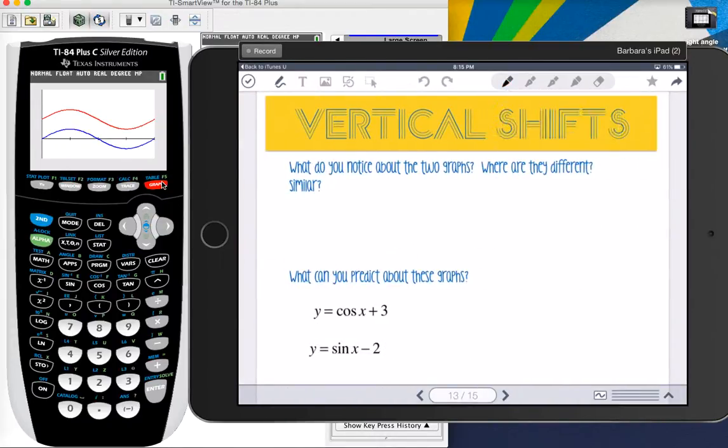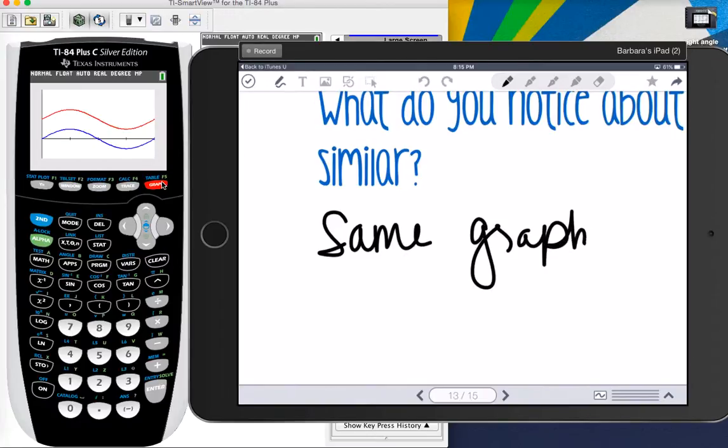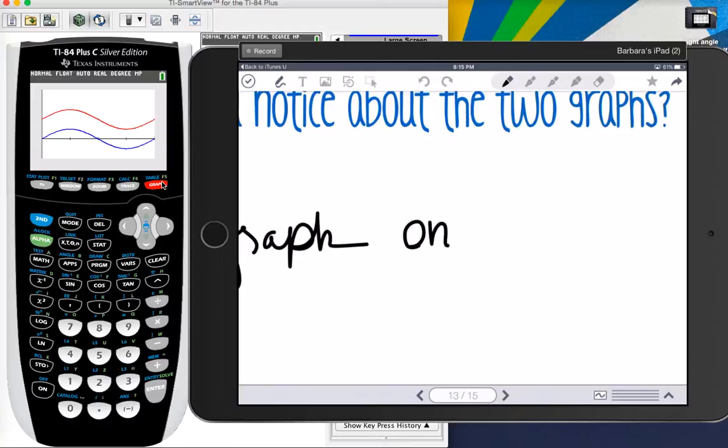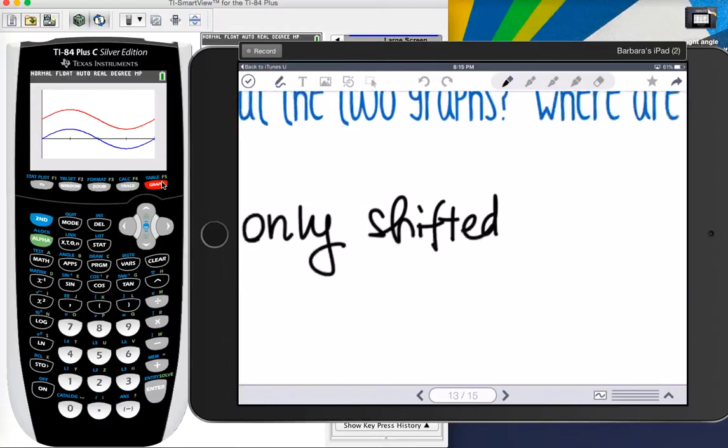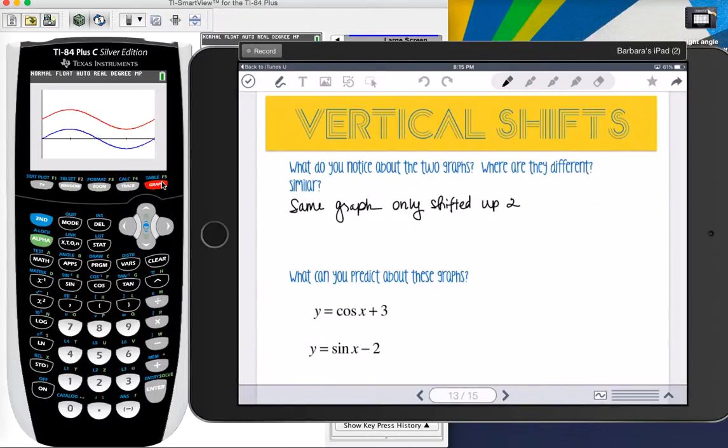So my question to you again is, what do you notice about the two graphs? Where are they different? Where are they similar? So it's the same graph, only shifted up 2. So if you look at our graphs, you'll notice it's the same exact one, almost like a stamp image. It's just moved up.